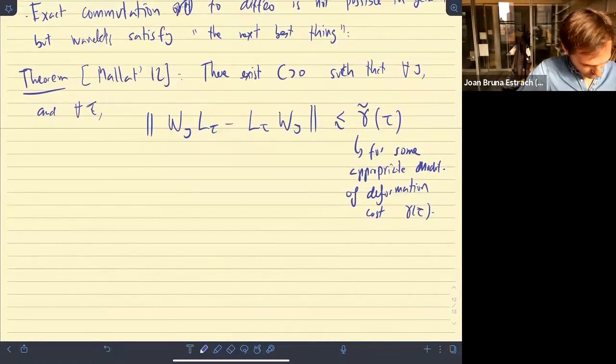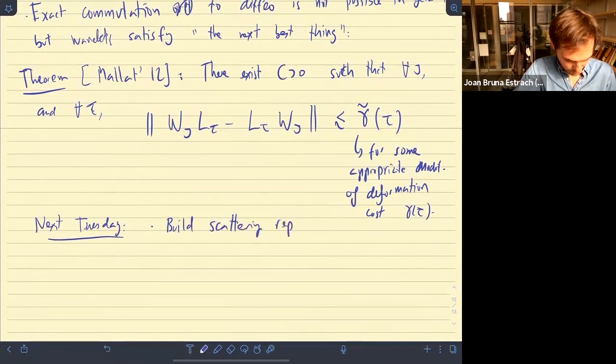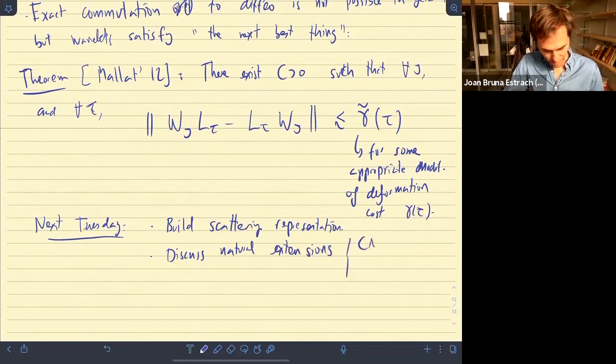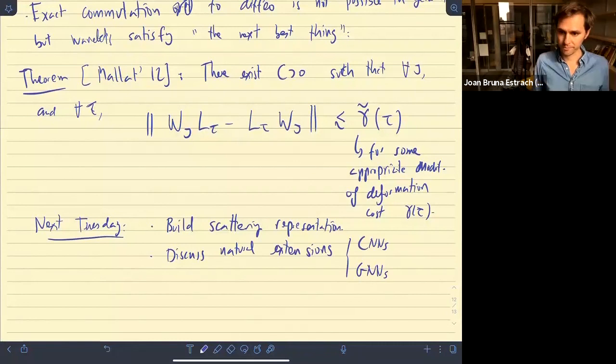So I guess this is where I want to culminate today. For next Tuesday, we are going to build a scattering representation from these properties, and then discuss natural extensions, which are basically the CNNs, the convolutional neural networks, and also graph neural networks, which are extensions to a more general domain.